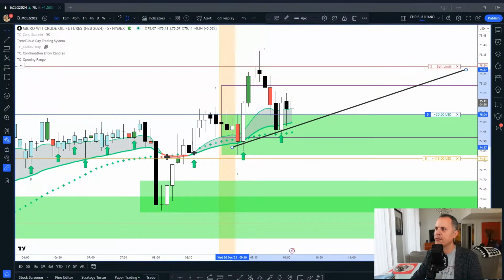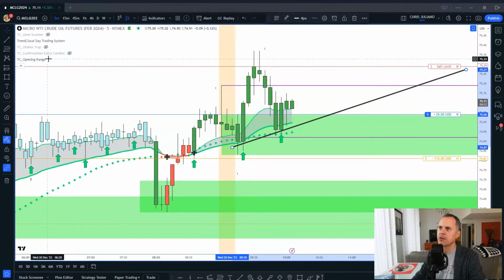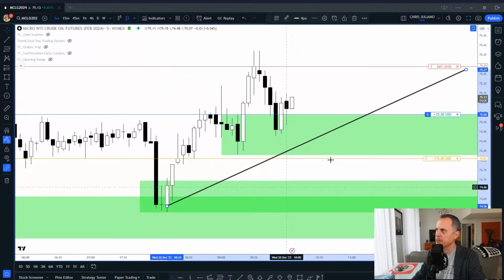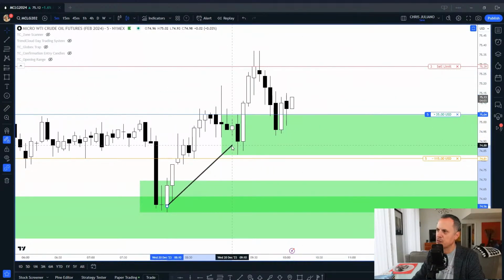Otherwise, you end up with a whole bunch of, you ever see a bunch of trend lines all over the chart? It's ridiculous, right? What you want to do is keep the chart nice and clean, right? You keep that chart nice and clean, okay? And you follow the price action with your trend line if you're just using trend analysis.